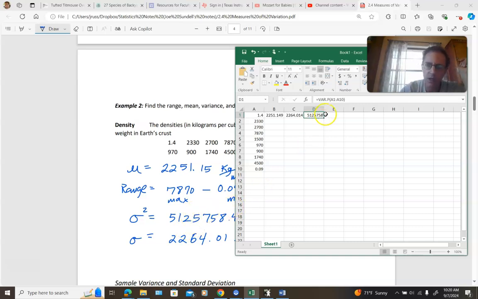However, notice it rounded. Now, if you widen this cell, it gives us more accuracy. That's weird. Anyway, we pretty much get the same thing.